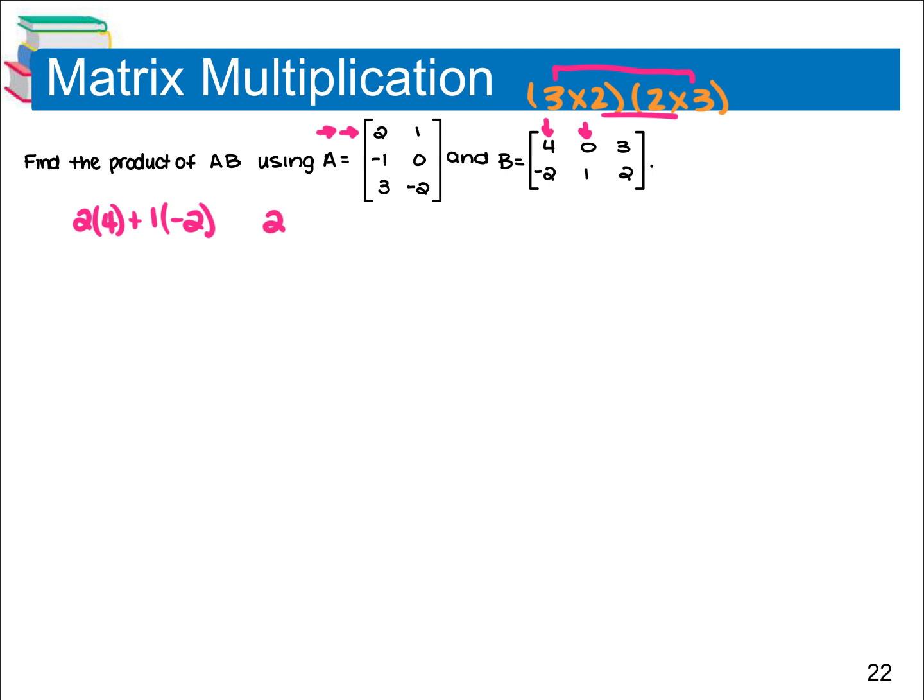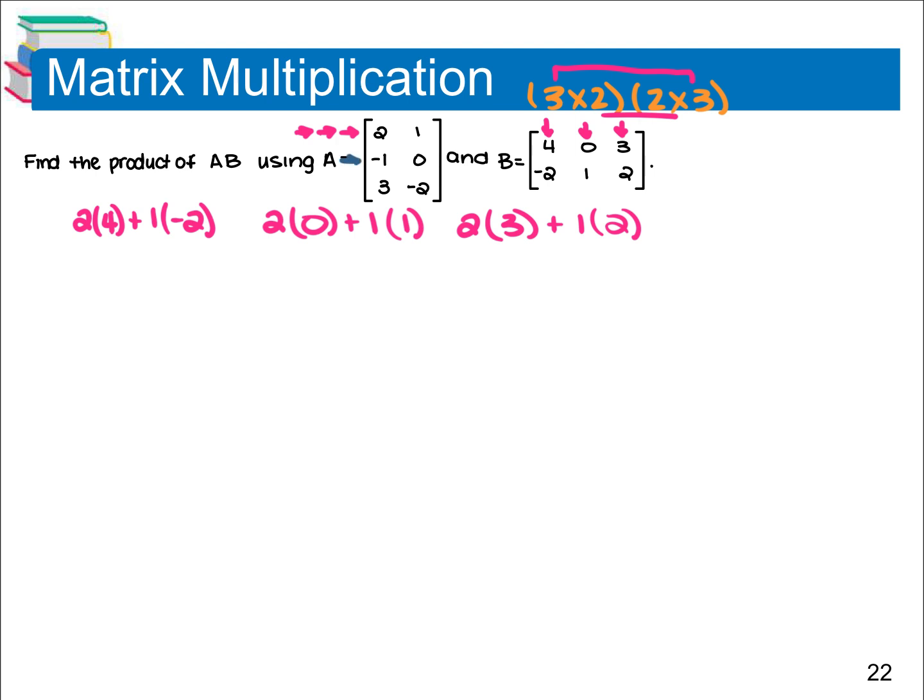So that's 2 times 0 plus 1 times 1. Next, you'll go first row, third column. So that's 2 times 3 plus 1 times 2. So that'll give you your answers for all 3 numbers in the first row of your answer matrix.